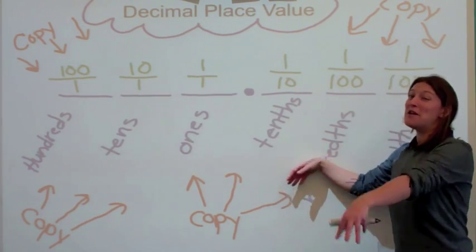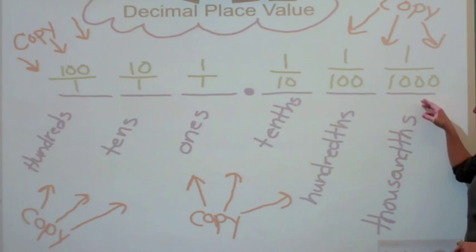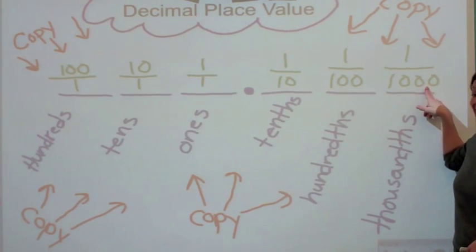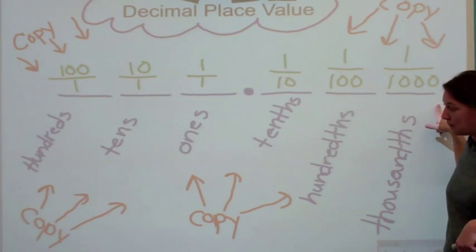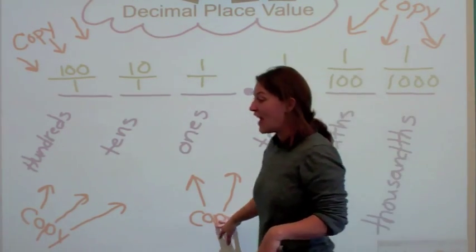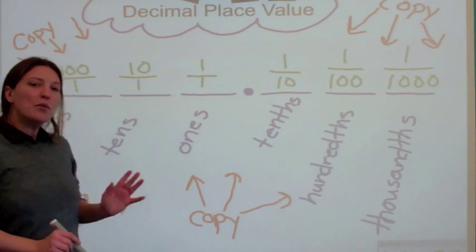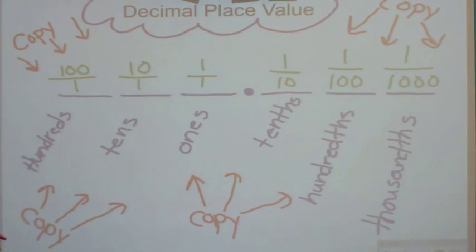And then if we go even further, we have 1 out of 1,000, which is the thousandths place. I have this down and I have copy next to it. I want you to put this in the practice section. So go ahead and copy this down and put it in the practice section of your notebook.